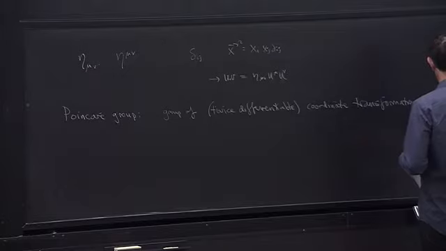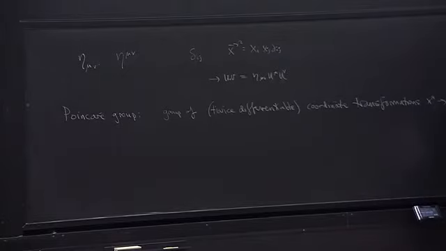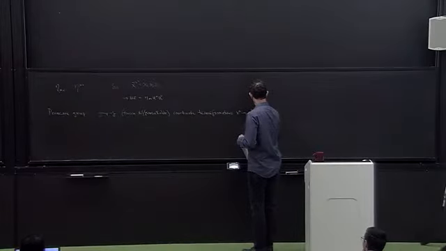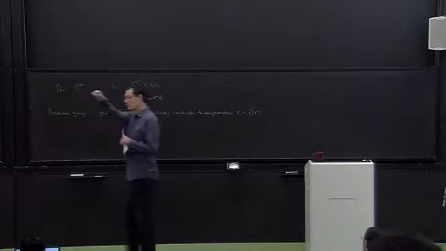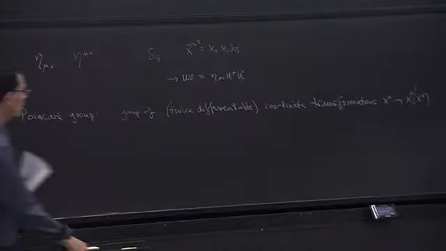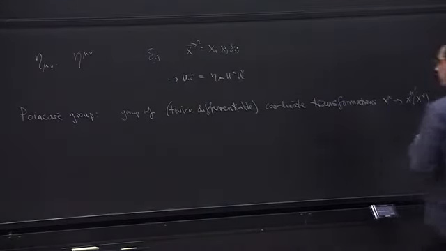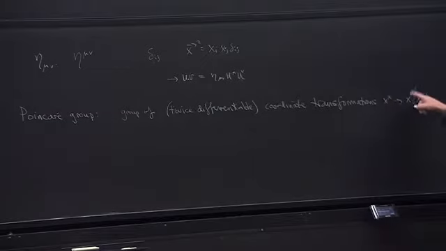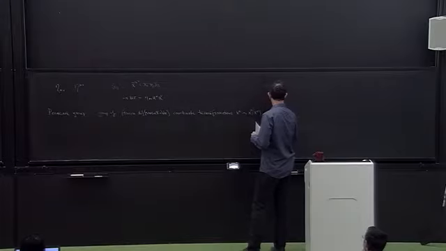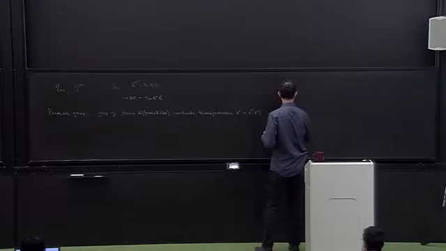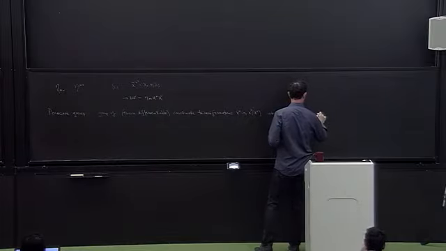What I mean by a coordinate transformation is changing coordinates from x to x prime, which is a function of x. So each of the four coordinates in x prime are functions of the four coordinates x. When I say twice differentiable, I require that I need to be able to differentiate these functions two times, and that's meaningful. Which leave eta mu nu unchanged.